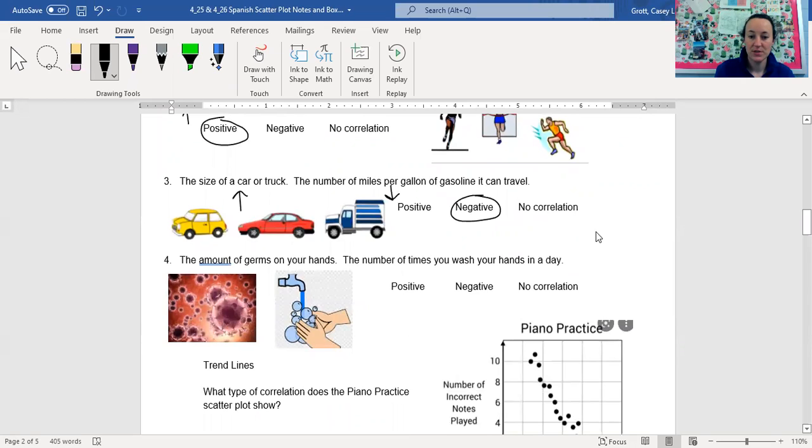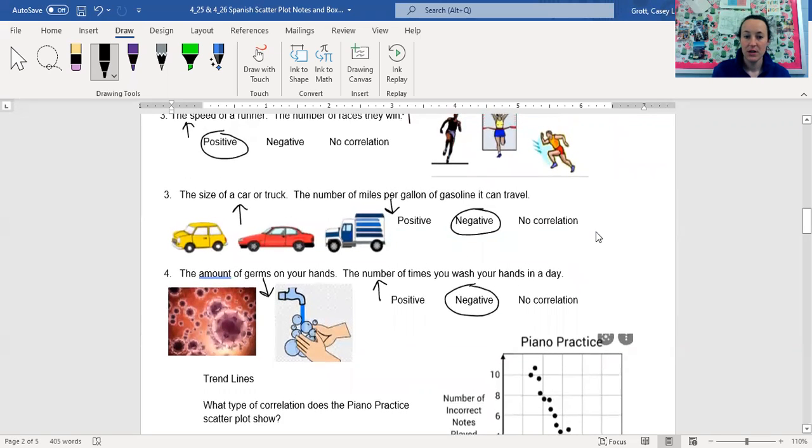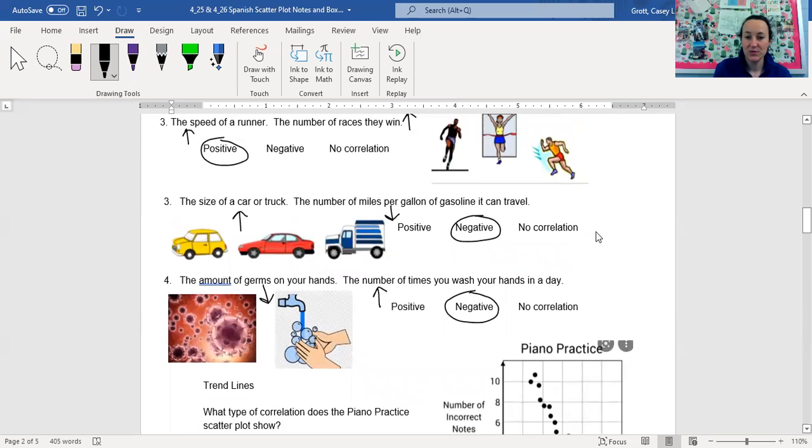The amount of germs on your hands and the number of times you wash your hands. If you wash your hands a lot, the amount of germs should go down. That's a negative correlation. Notice when my arrows are opposite, it's negative. When my arrows are going the same direction, when both things increase or decrease, that's a positive correlation.